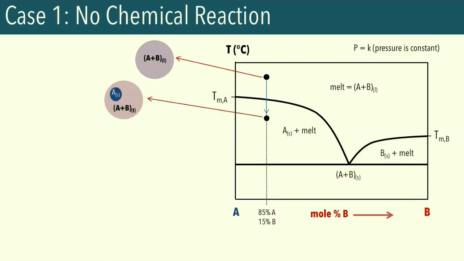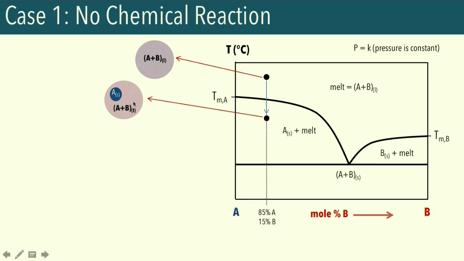Keep in mind, however, that overall the composition of the mixture is still 85% A and 15% B. Since some of the A moved out of the melt to crystallize, the composition of the melt at point 1 and point 2 are going to be different.